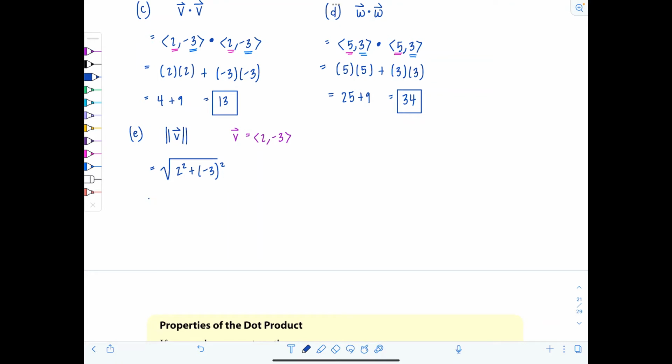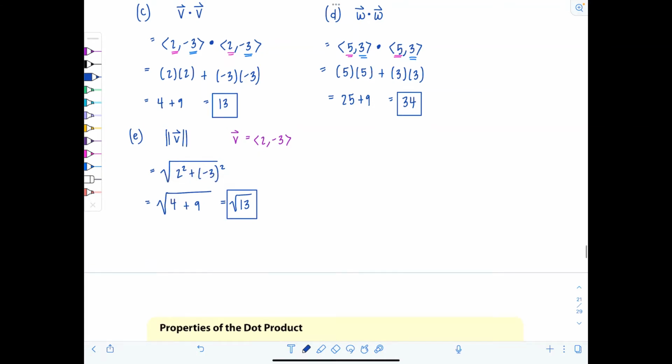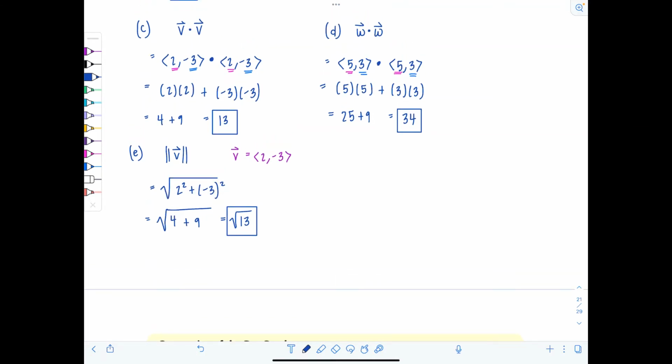And what does this give us? The square root of 4 plus 9, so rad 13. Interesting, because notice in part C, we found V dotted with itself and got 13. Now when we're finding the magnitude of V, we get the square root of 13. We'll look at that a little further shortly.